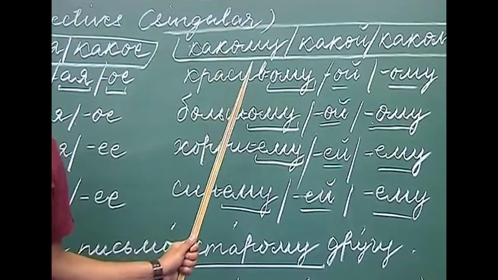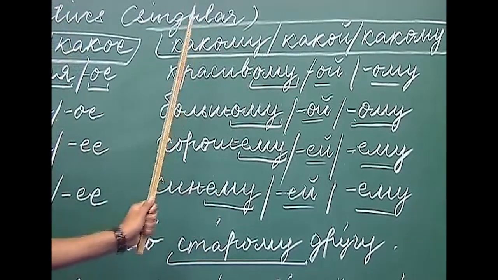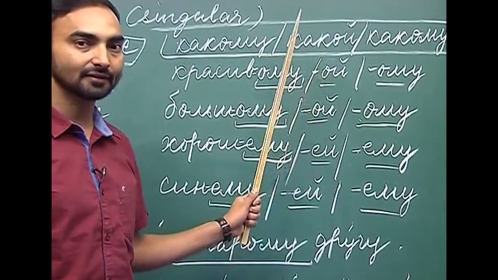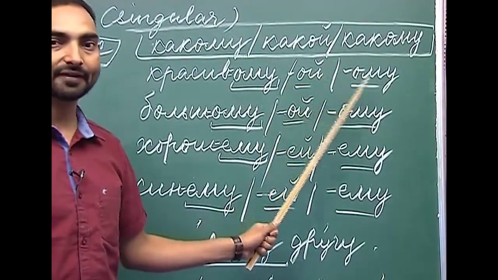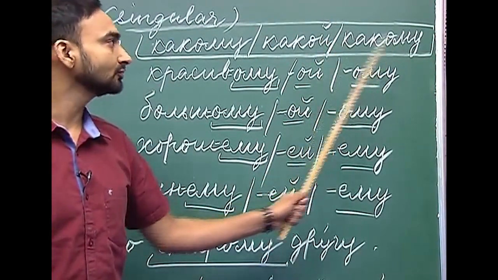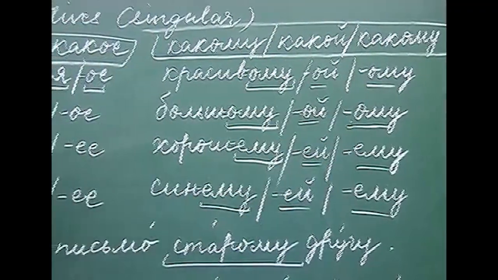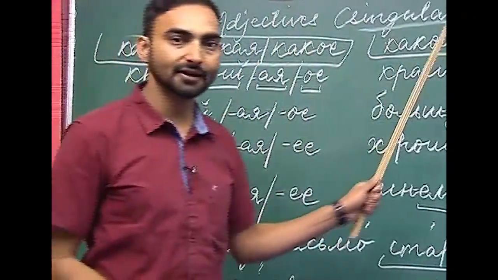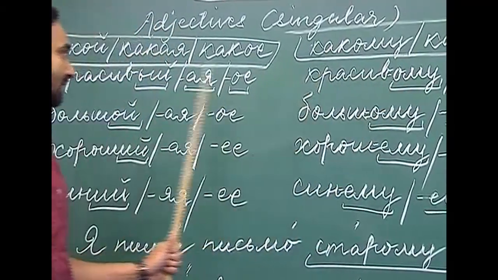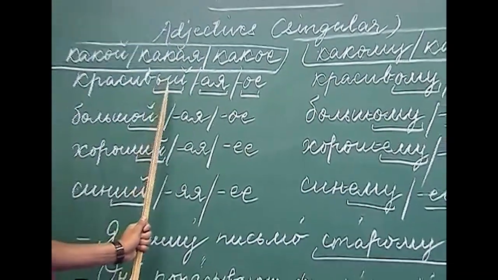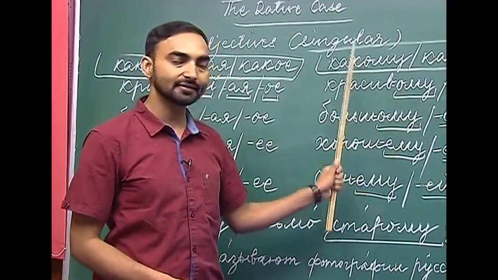The masculine adjective answers the question какому, the feminine adjective answers the question какой, and the neuter adjective answers the question какому. So, again the masculine and neuter forms are the same. What happens when we use красивый in the dative case? It becomes красивому. So, what we are doing is dropping the ending of the adjective and adding ому at the end to get its masculine form.